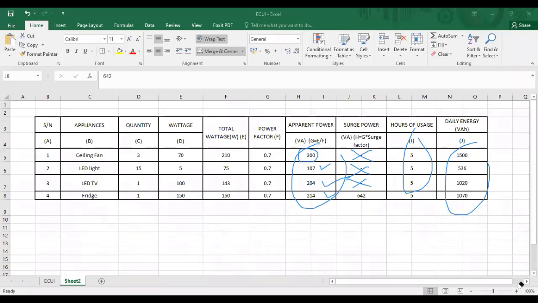For instance, the surge power of this fridge is 642. That shows us that it is 3 times the VA of the fridge. So the surge power will always be in the manual.